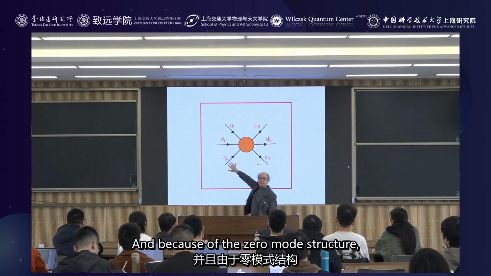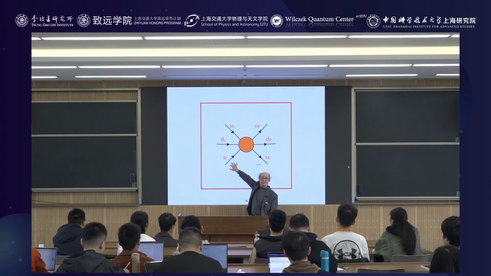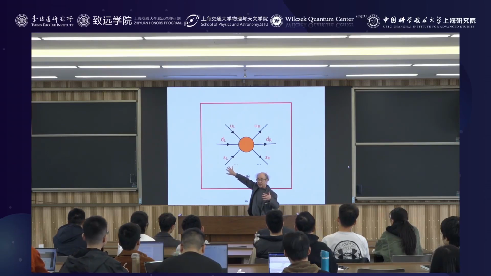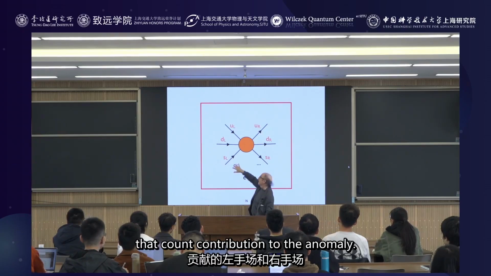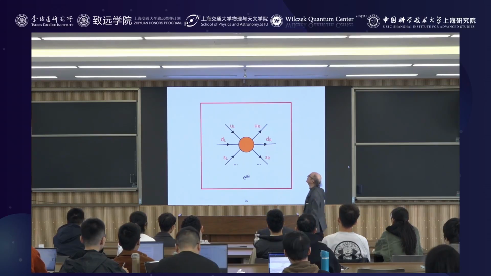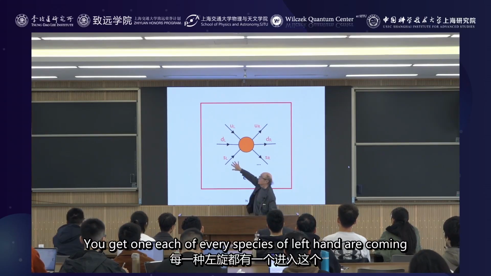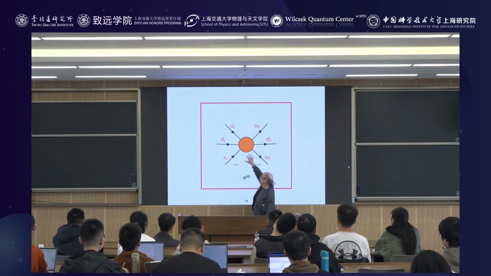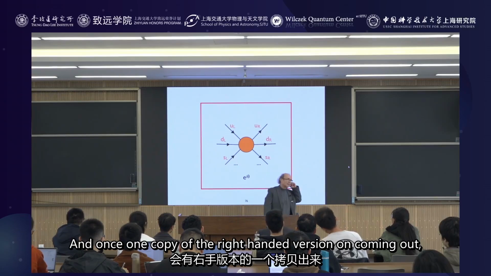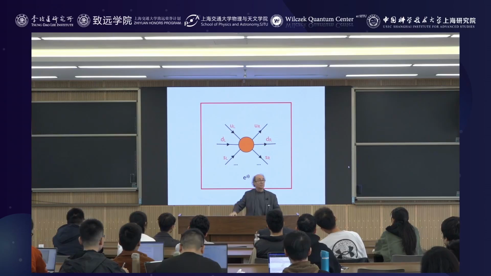And because of the zero mode structure, which has to have left-handed fields and right-handed fields that count the contribution to the anomaly, you get one each of every species of left-handed arc coming in to this effective vertex, and one copy of the right-handed version coming out.